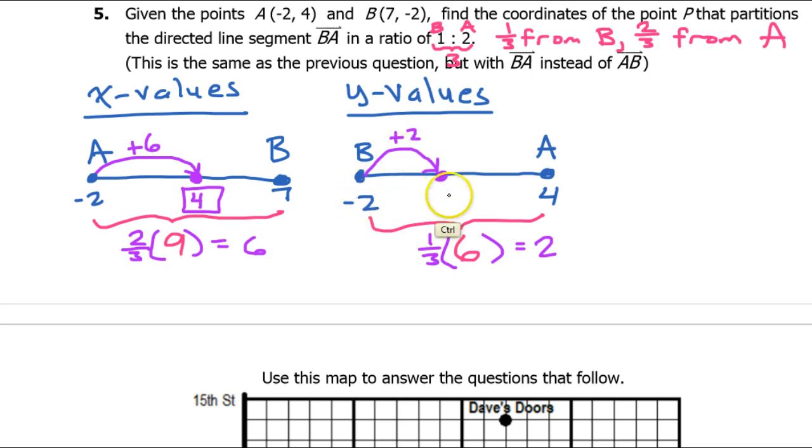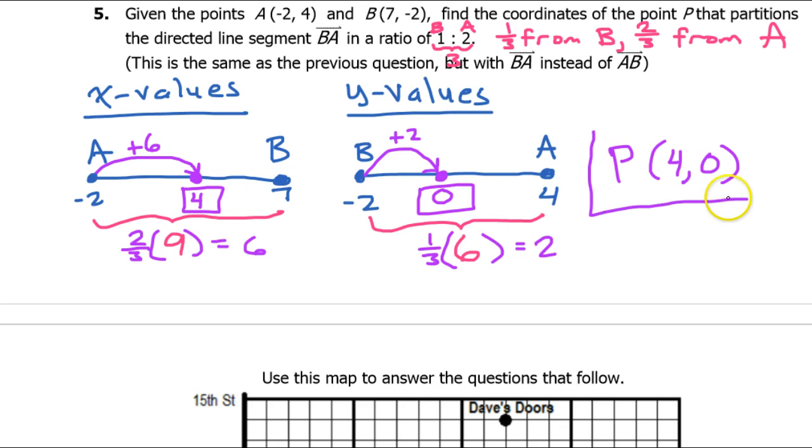Well, negative 2 plus 2 is 0. So that gives me a y value of 0. So that means point P that partitions the line segment in the ratio of 1 to 2 has the coordinates 4, 0. Okay, the x value and then the y value. So this is the final answer.